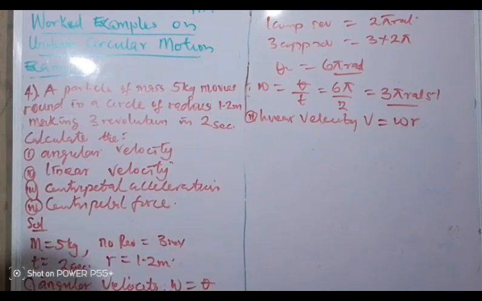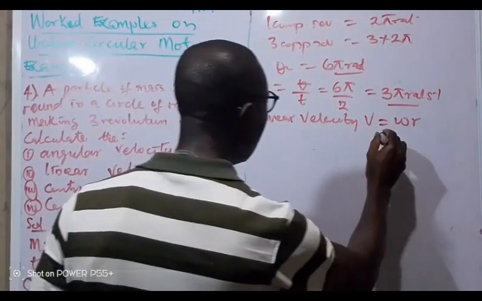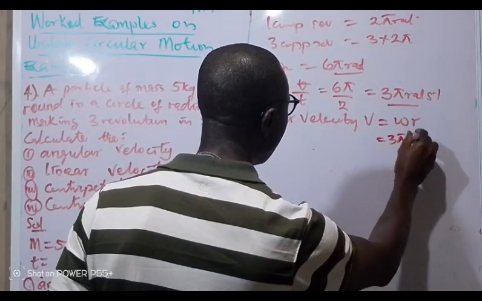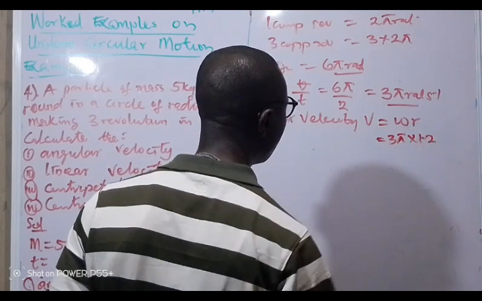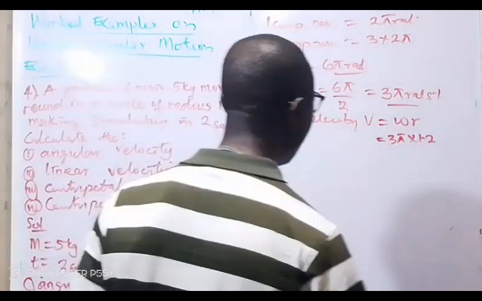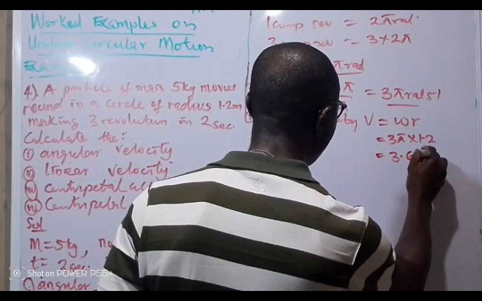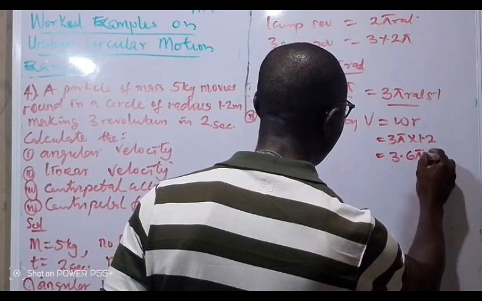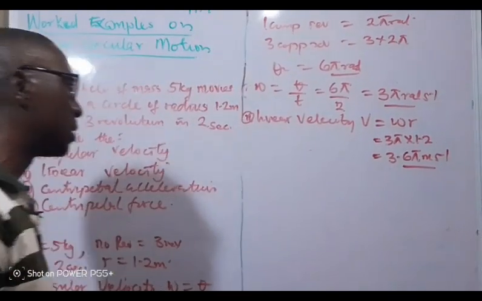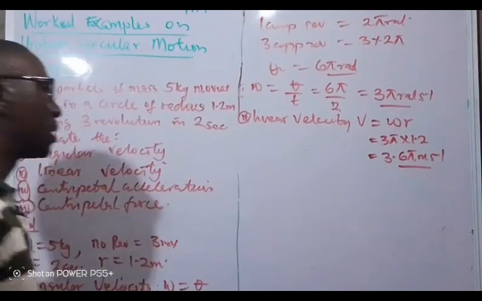So if that is the case, and we already know the value of omega, this will give us 3 pi multiplied by 1.2. The answer to this one will give us 3.6 pi meter per second. The unit of linear velocity is meter per second, 3.6 pi meter per second.